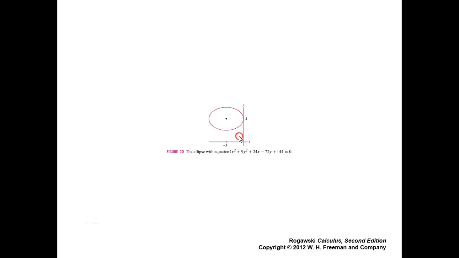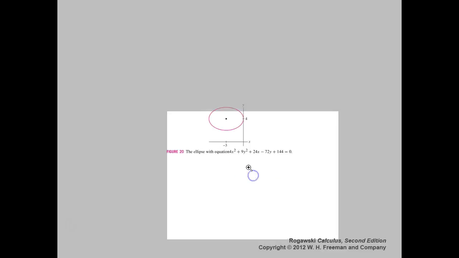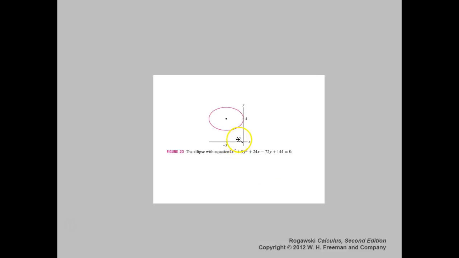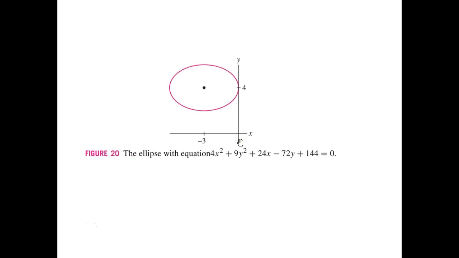Now, how about this one? Notice you have, again, a plus sign in between. It has to be an ellipse. You have a linear term here, a linear term here. Your linear term in x is a plus here, meaning if you solve for x, ultimately that would be x equals minus something.